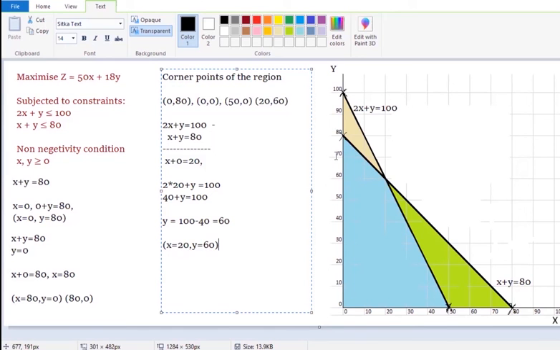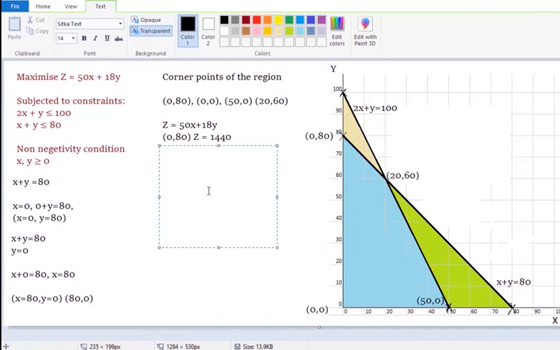Now I am going to substitute these 4 corner points in the objective function. Now the first corner point is 0, 80. For 0, 80, what will be z? Z is equal to 0 into 50 plus 18 into 80. It is 1440. Next point is 0, 0.